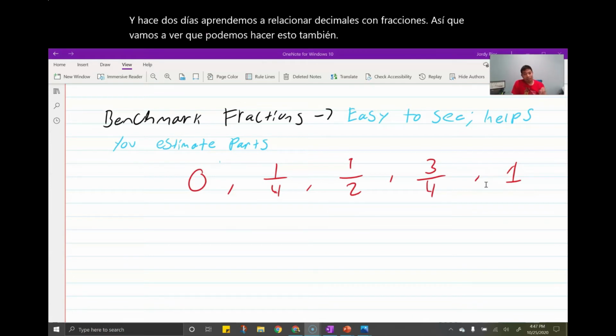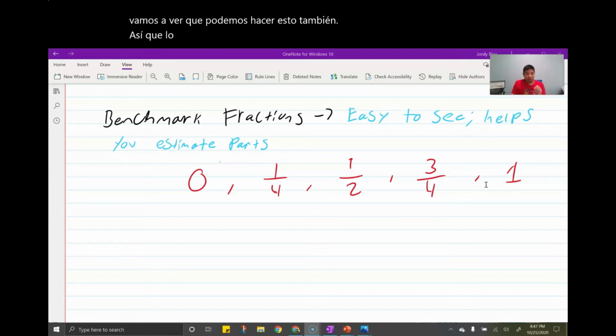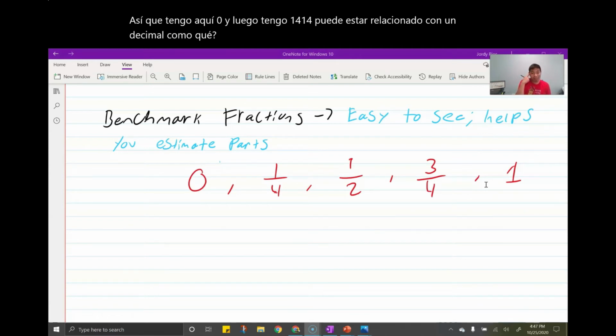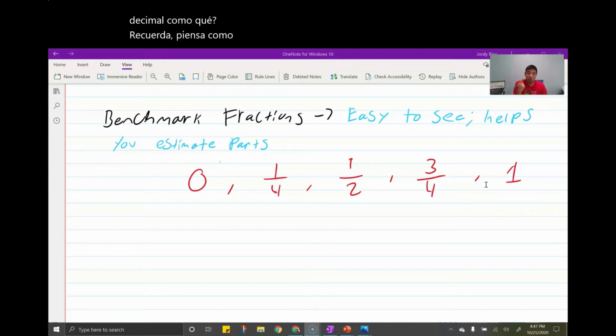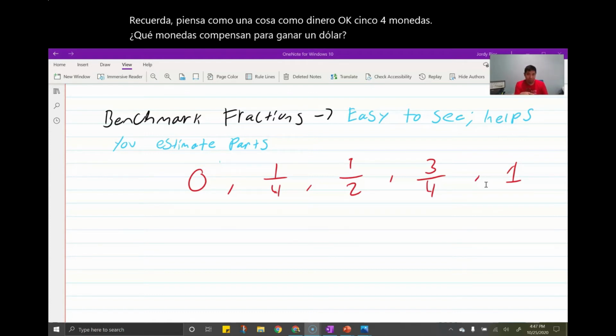So I have here 0, and then I have 1/4. 1/4 can be related to a decimal as what? Remember, think like money, okay? If I have 4 coins, what coins make up 4 to make a dollar? Quarters, good.